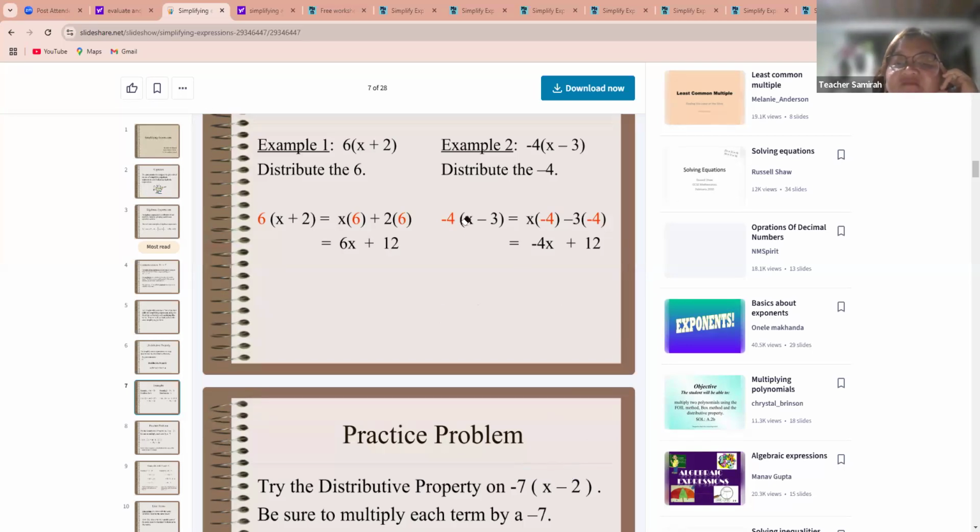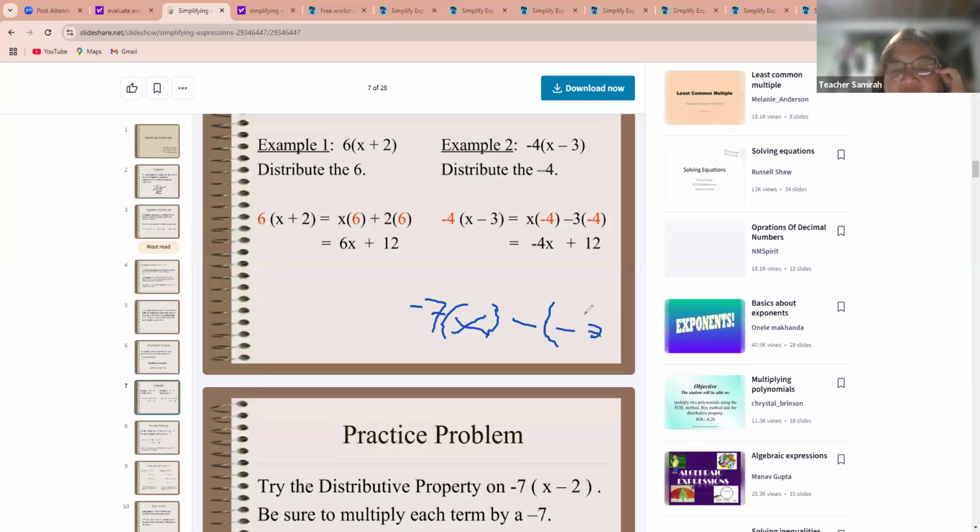Like this one, negative 4 times x, the product is negative 4x. How about this one? Negative 7 times x. What would be the product? Anyone? Negative 7 times x, and then minus 2 times negative 7.